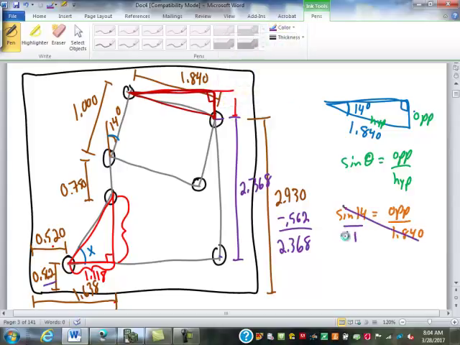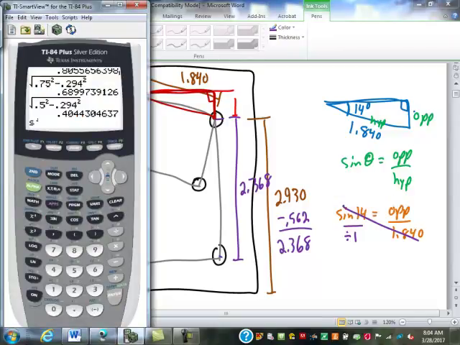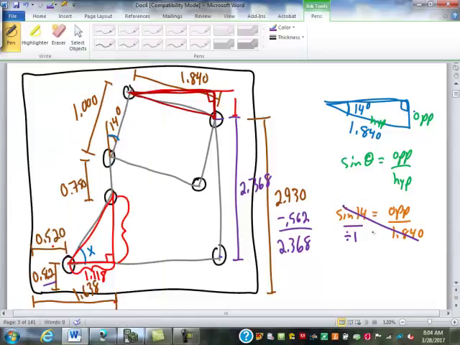So I'm going to cross multiply and divide. So it's the sine of 14 times 1.84 divided by 1. So just the sine of 14 times 1.84. 0.445. So this height right here is 0.445. So what that gives me then is the total height from here down to here is 0.445 plus the 2.368.